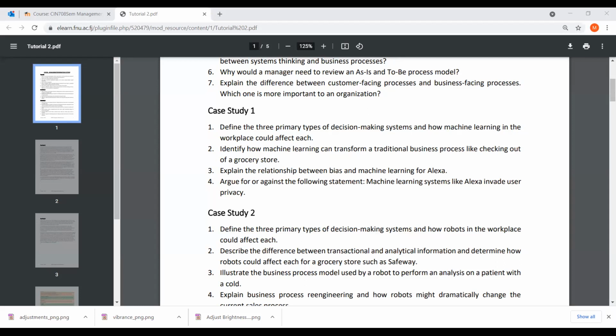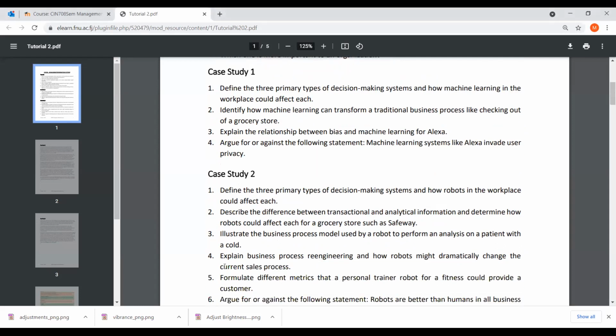Okay, question number 3. Let's go over this. Explain the relationship between bias and machine learning for Alexa. Okay, now let's put it down. The answer: if there is bias in data being fed to Alexa, bias means you are in favor of something.